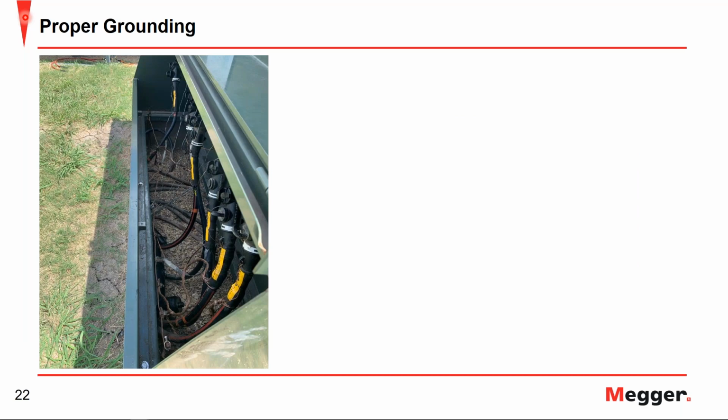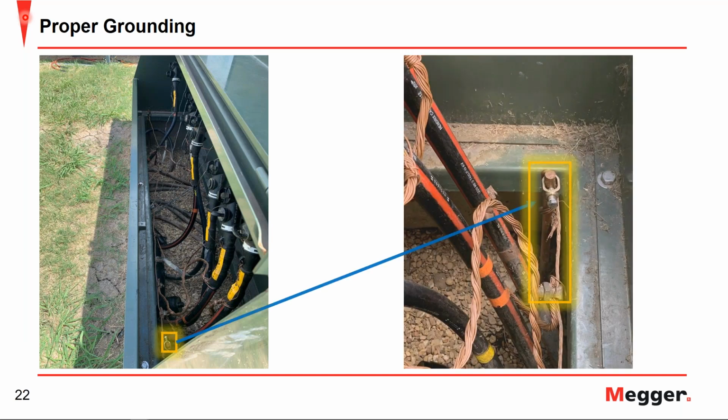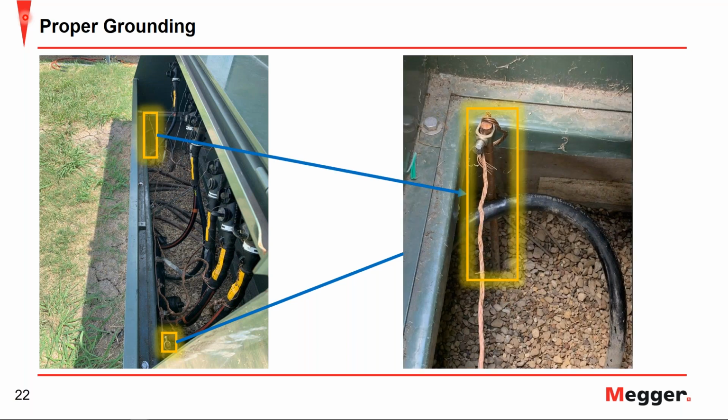Looking inside the junction box, we can see there are 2 ground rods driven in on either end. Those are driven in really well, and there's a copper braid that goes from one copper rod to the other, and then each of the concentrics come off and tie off to that copper braid. So we can ensure that we have nice solid grounding here.